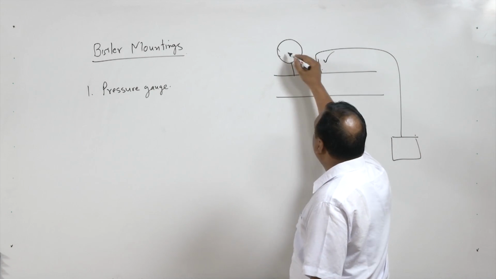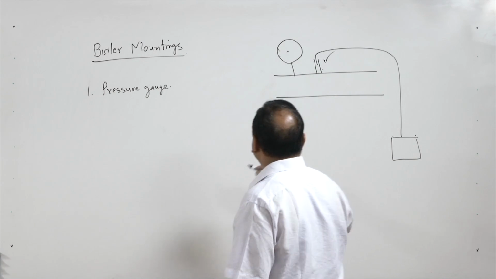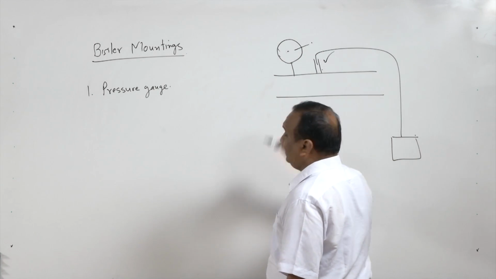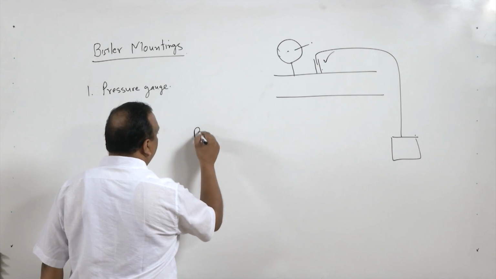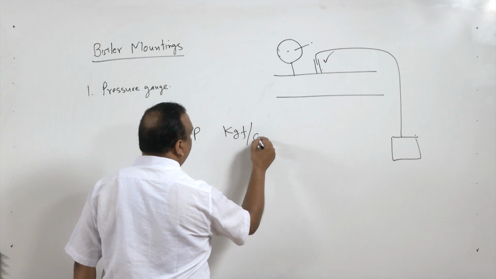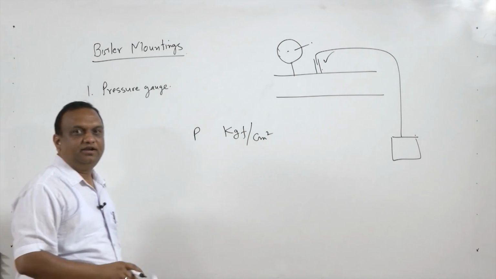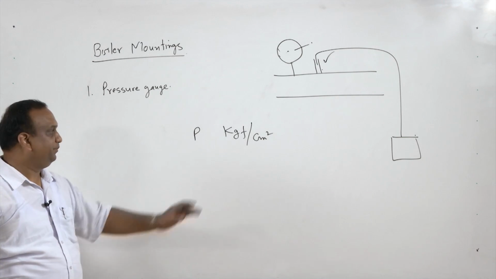Even in this case, a dial type pressure gauge is a must, and this pressure gauge displays the pressure in different units. If you go to the industries, you will find pressure in kilogram force per centimeter square. This is typical of the MKS system of expressing pressure.